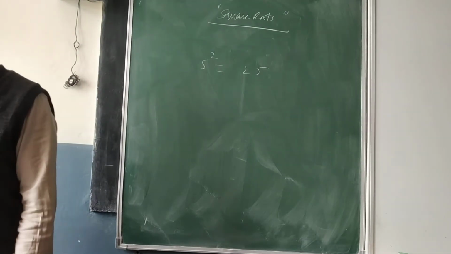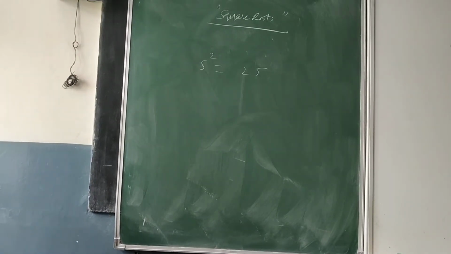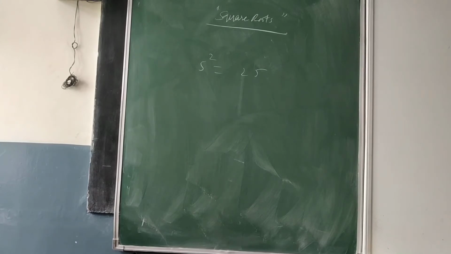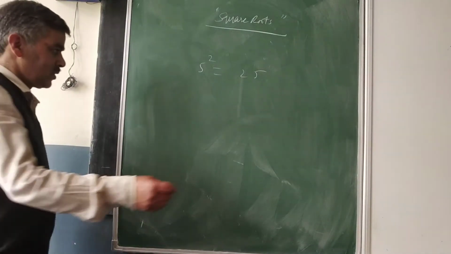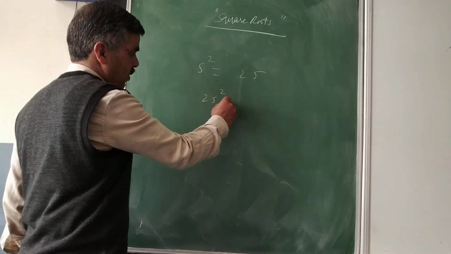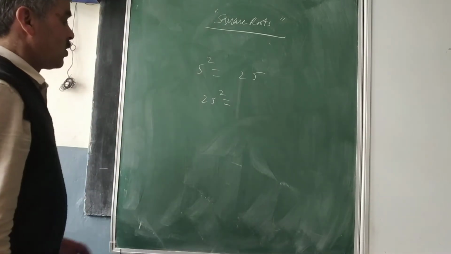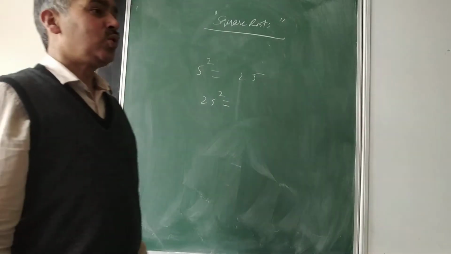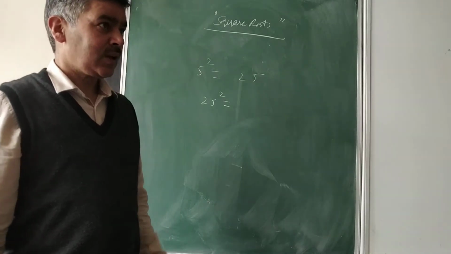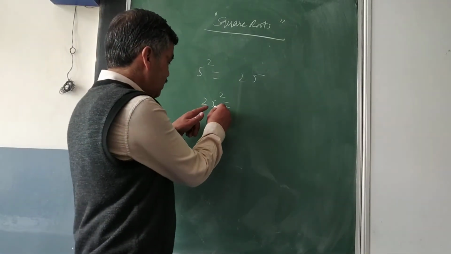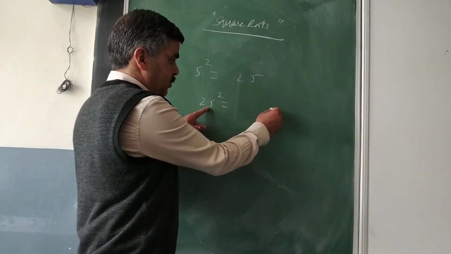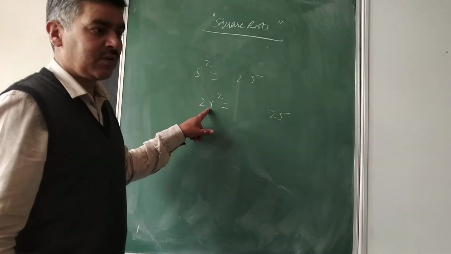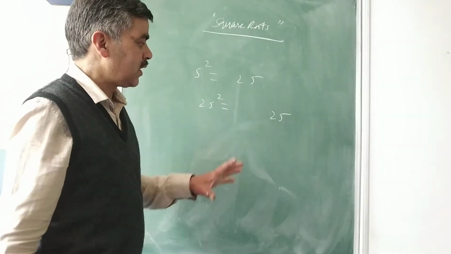It is mentioned in the question, using the properties find the square of a number ending in 5. Now look at this when I am giving an example, 25 square. So the rule is 1 more than the predecessor and 25. What you have to do is write 5 square as it is, 25. 5 square is what? 25.